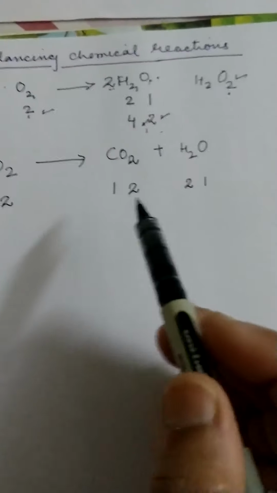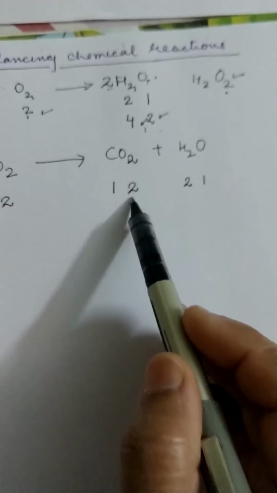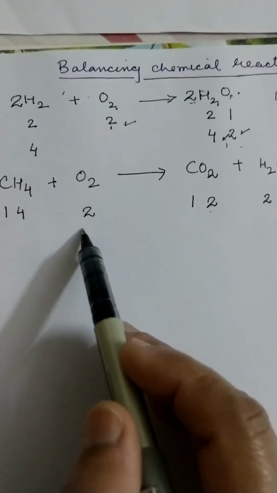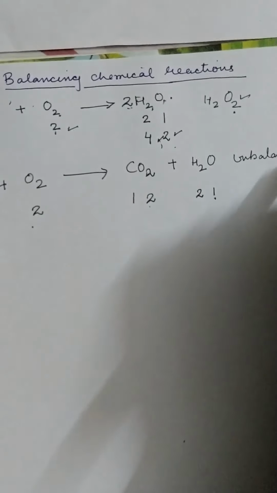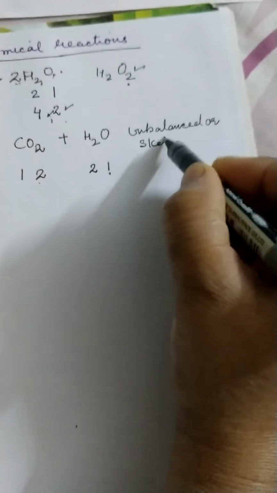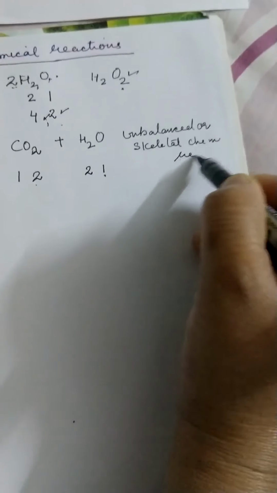So on the product side we have oxygen 2 plus 1, 3. But here we have oxygen 2. So this is an unbalanced or skeletal chemical reaction, right?